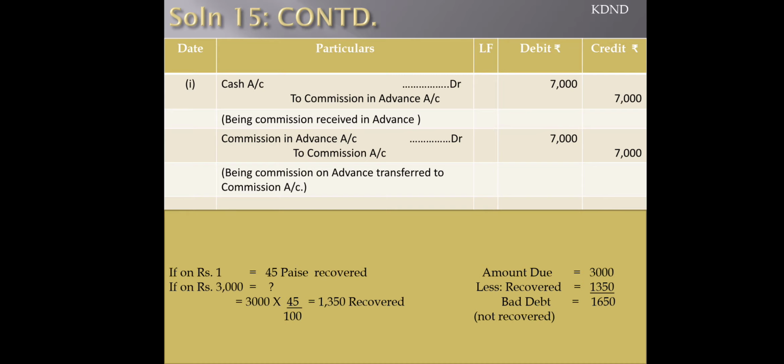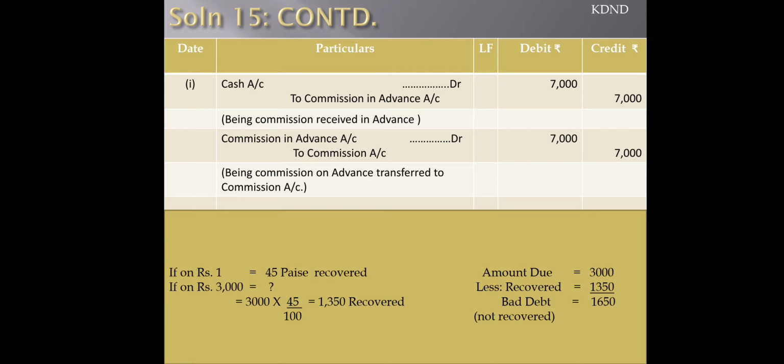Working with respect to this is given over here. You can see, if on rupees 1, 45 paisa is recovered, then on 3,000, what? Cross multiplication will give you 1350 as the recovered amount. So the amount due is 3,000 and we recovered 1,350.